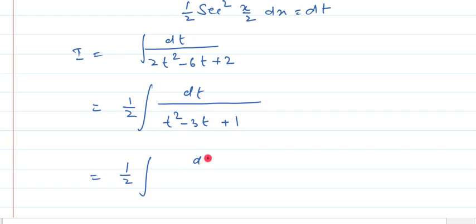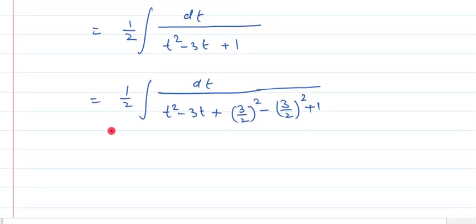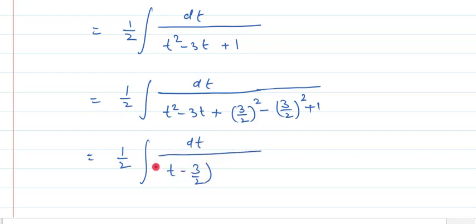So 1 upon 2 dt upon t square minus 3t, taking half of coefficient of t and square of that. So clearly it is plus 3 upon 2 whole square minus 3 upon 2 whole square plus 1, which implies the result is equal to 1 upon 2 dt upon t minus 3 upon 2 whole square using these three terms, and minus, after solving these two, we are getting 5 upon 4.